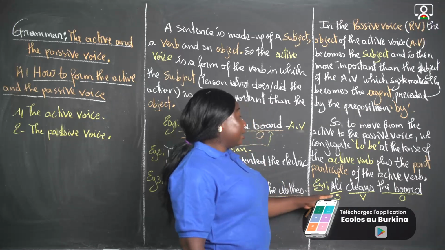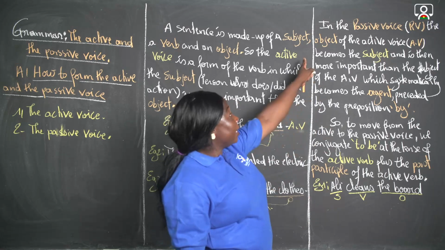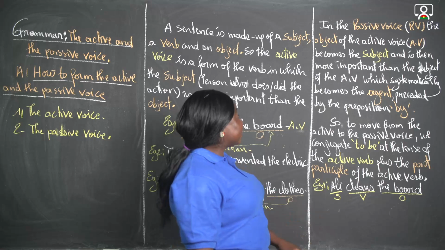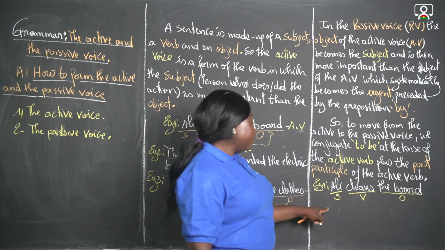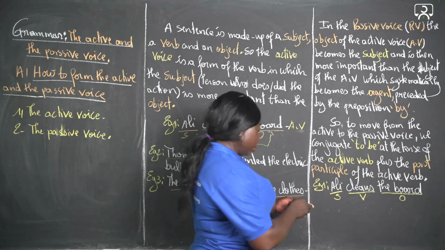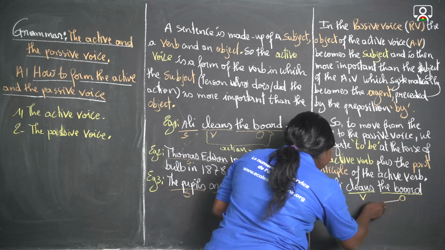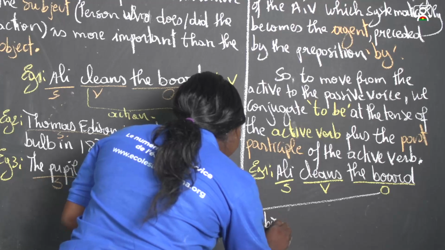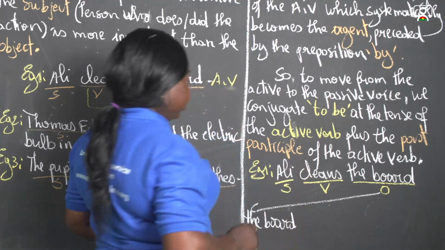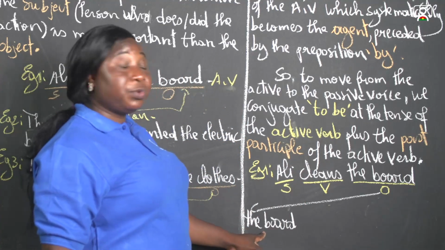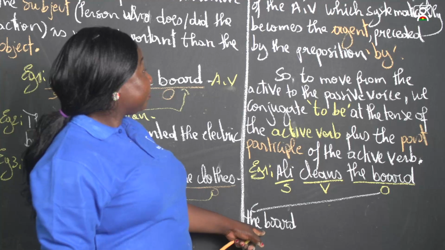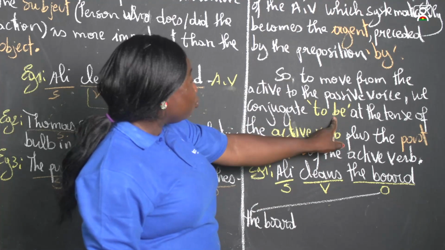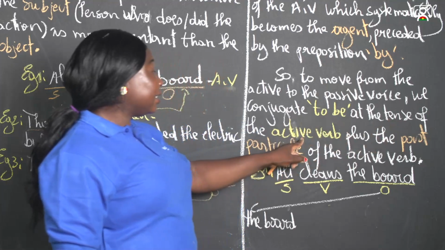Now, let's practice the rule here. We say that the object becomes the subject, so we'll have the board as the subject. Concerning the verb, we conjugate to be at the tense of the active verb.